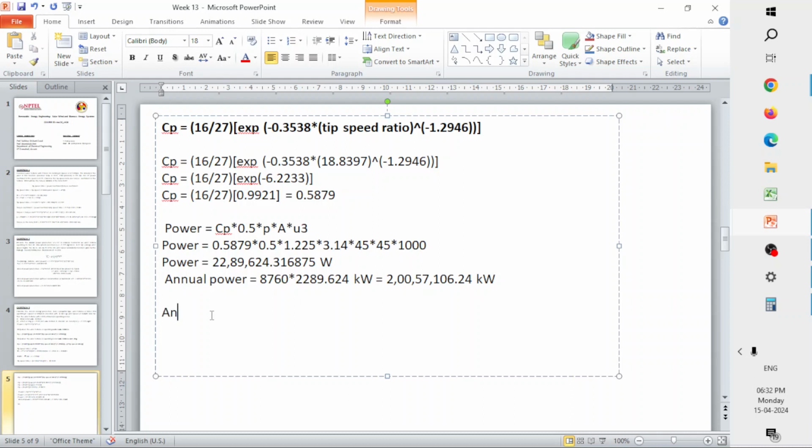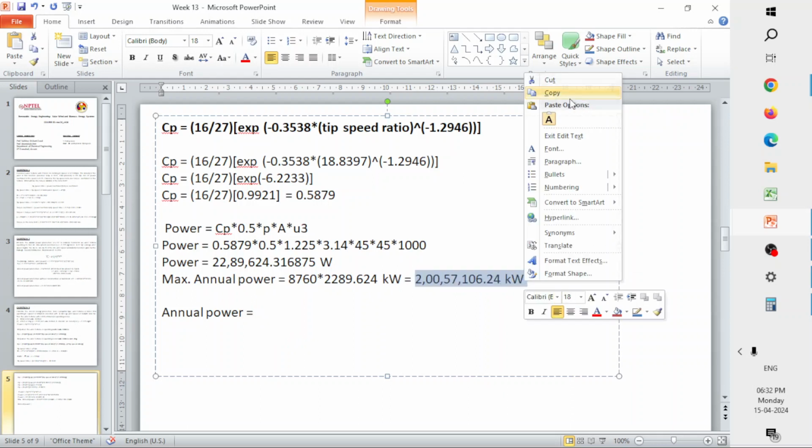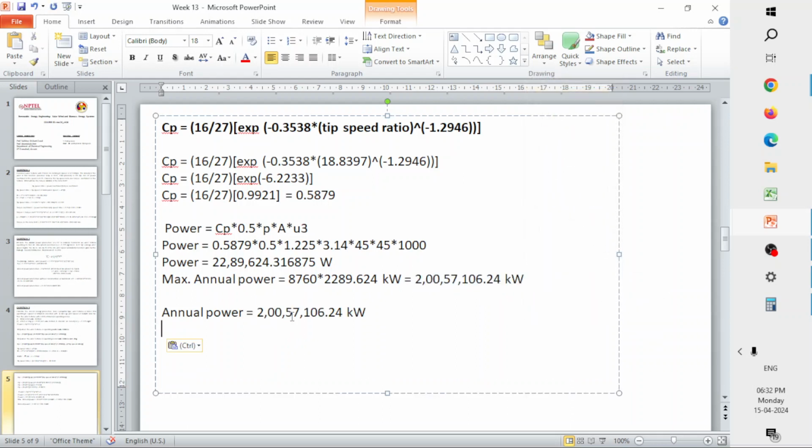So annual power will be nothing but this maximum annual power times your turbine efficiency.